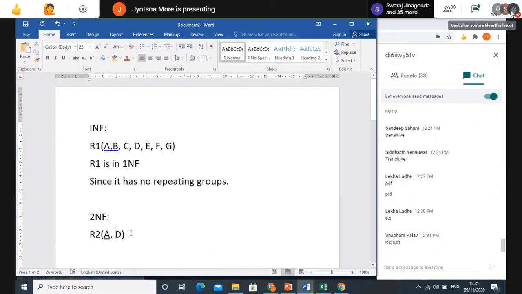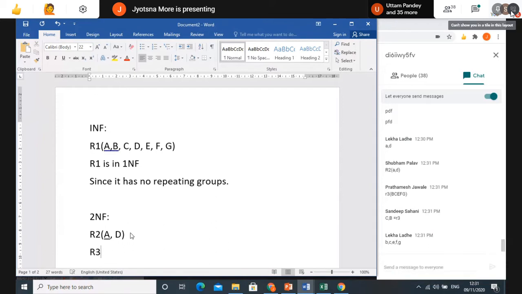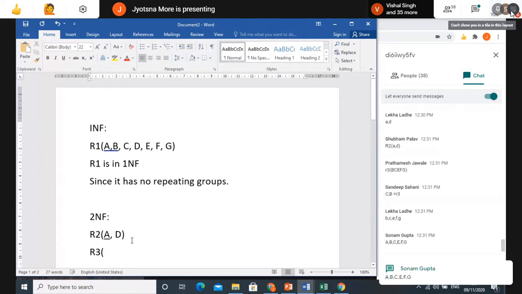This is one relation. What is R3 then? B, C, E, F, G. Still it is not correct. R3 is not correct. A, B, C, E, F, G.